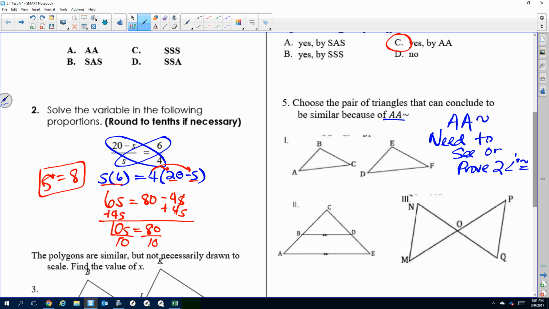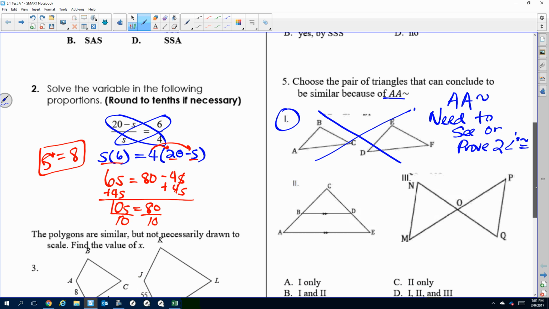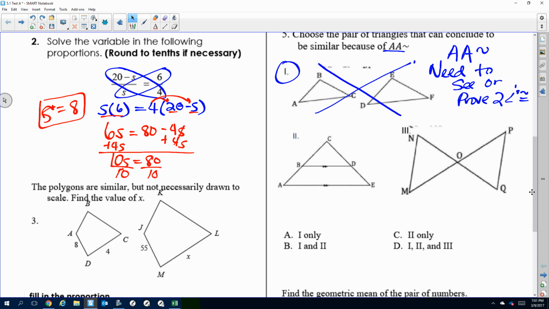All right, so on this picture, number 1, there are no angles marked, so I cannot use angle. You have to have some markings, some degrees, something inside each picture to use that. Now, when you get to number 2, you do have a marking. That is these arrows to show parallel.